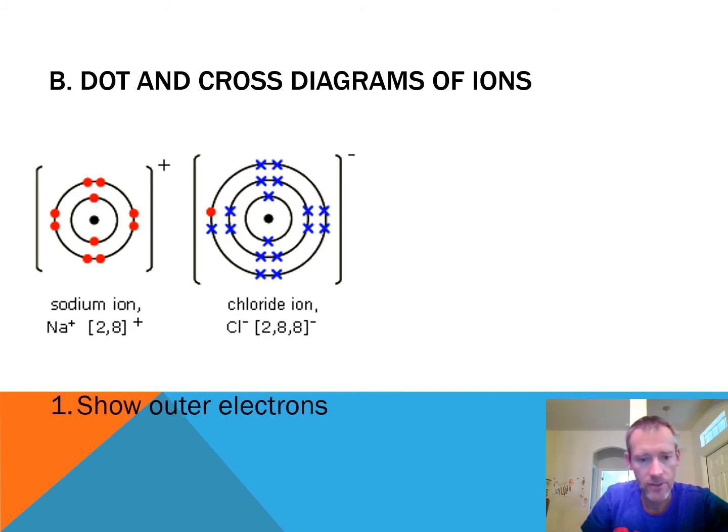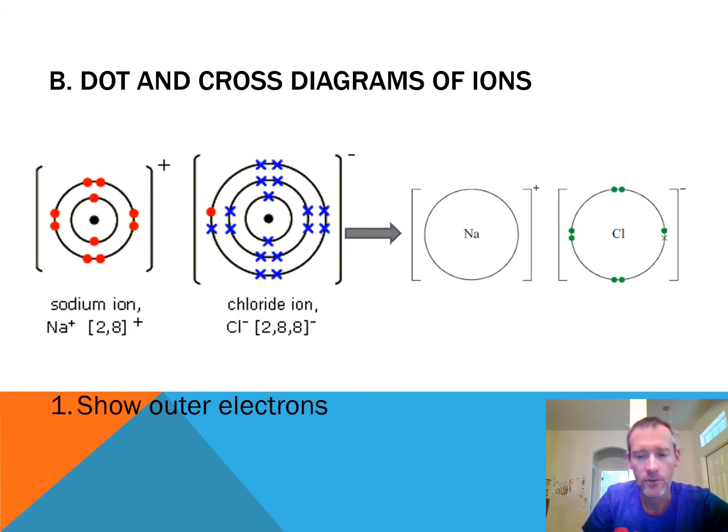Show the outer electrons. So for sodium, there's no electrons left over, and the outer ring goes from a third energy level with 1 electron to 0, and then chlorine will gain that 1 electron and has a full outer ring.